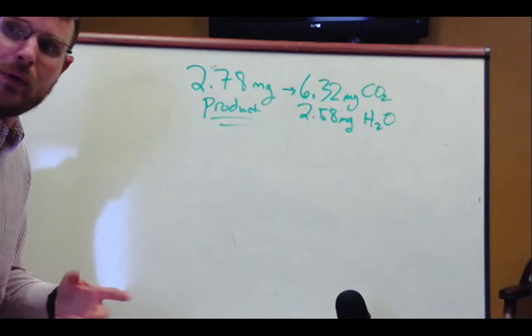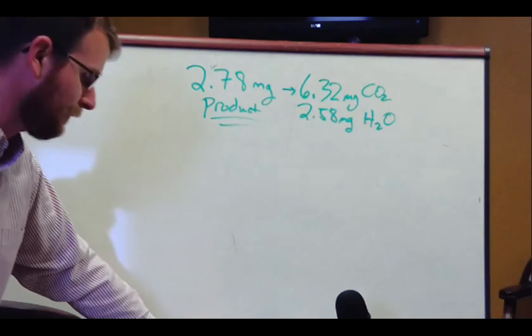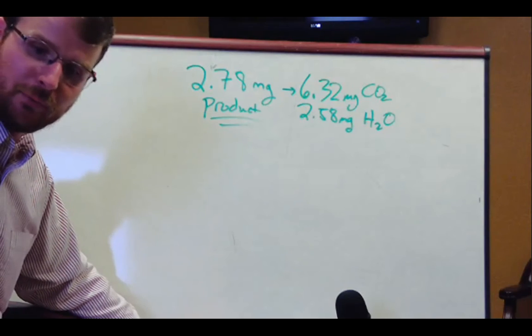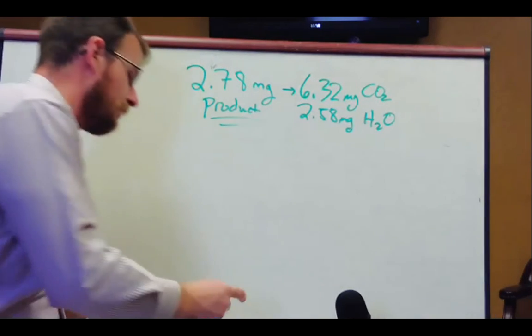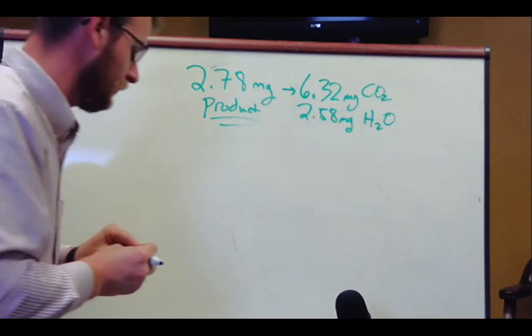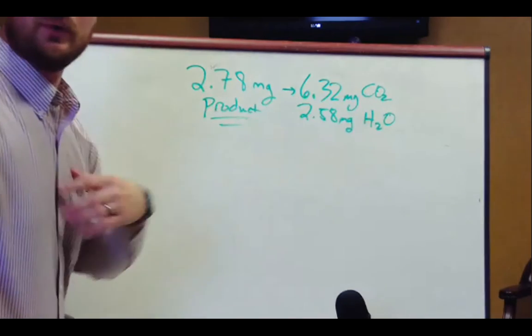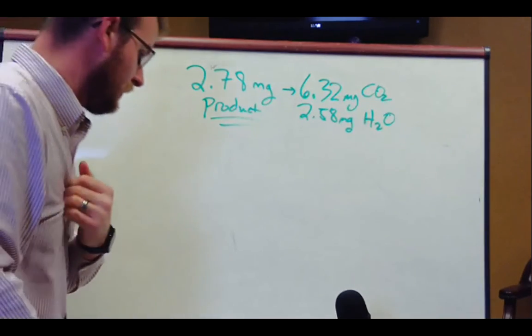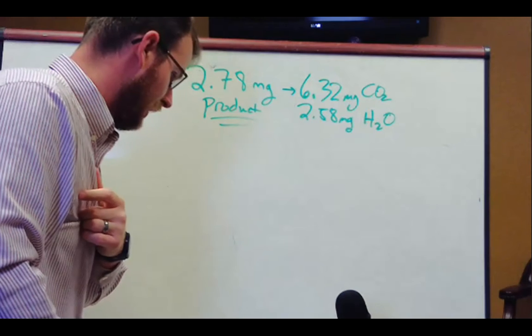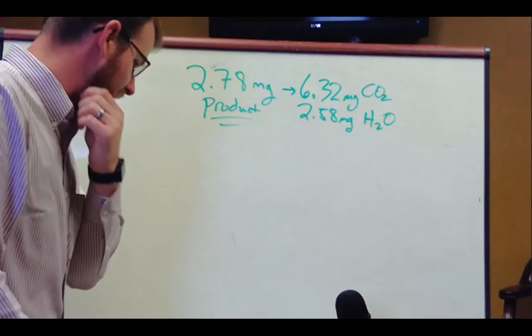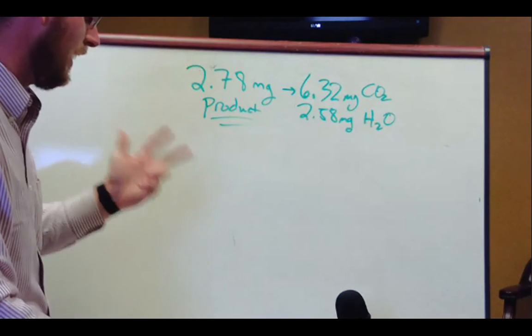Well, let's think about what we need to find first. What did we find first in the last problem, when we were just given the percentages? We found the moles. So let's start with the moles. Here we have CO2 and H2O, and I'll tell you that ethyl butyrate is carbon, hydrogen, and oxygen.